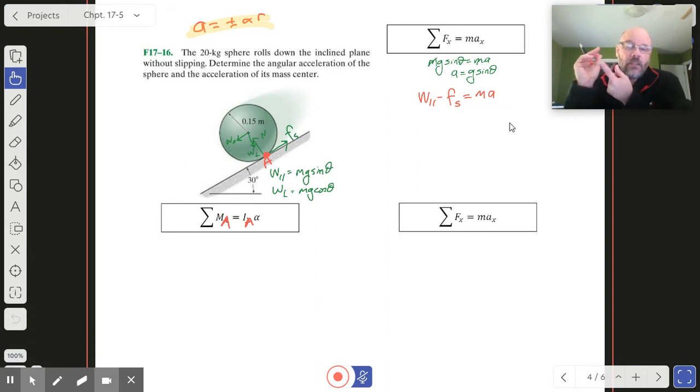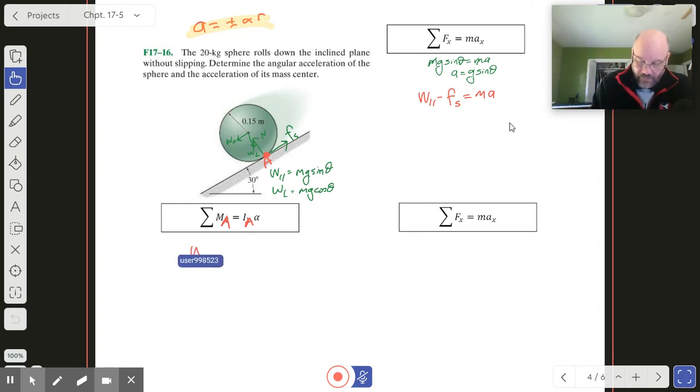So no moment from friction, no moment from normal force, no moment from the perpendicular component of the weight. All we have is a moment from the parallel component of the weight. So we've got W parallel, and it's out there at a distance of 0.15. That's I_A times alpha.